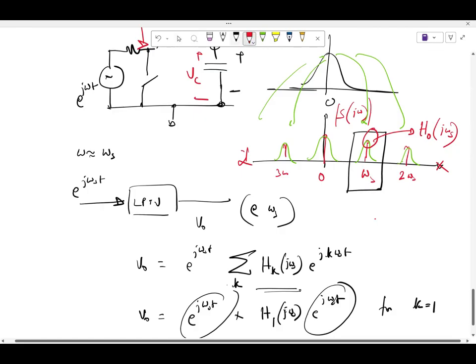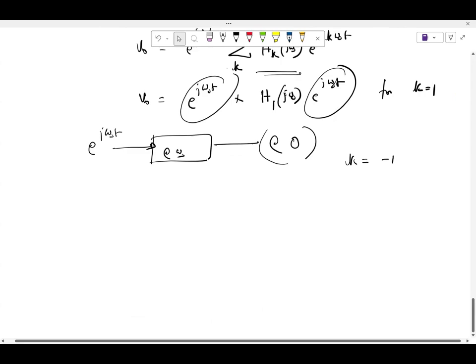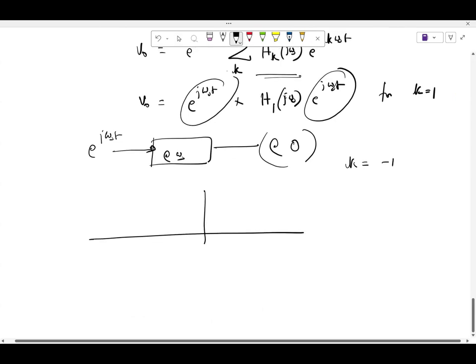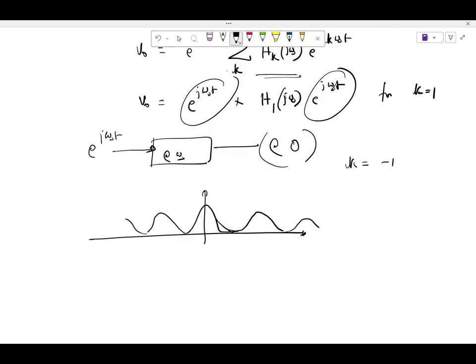So maybe I'll redraw this because I don't want to go up and down multiple times. So this we verified that this is h of 0 j omega s.